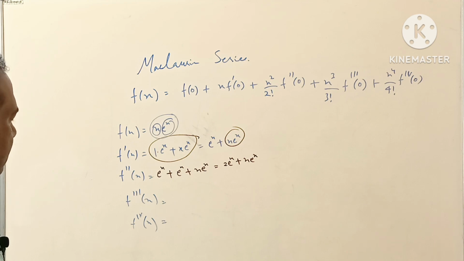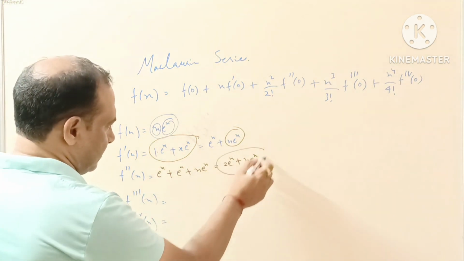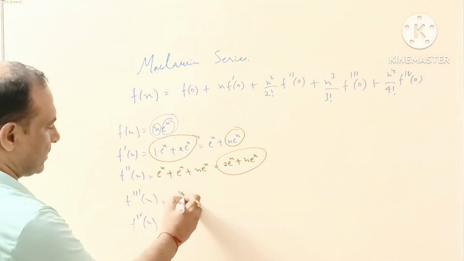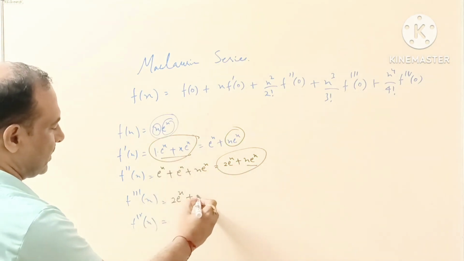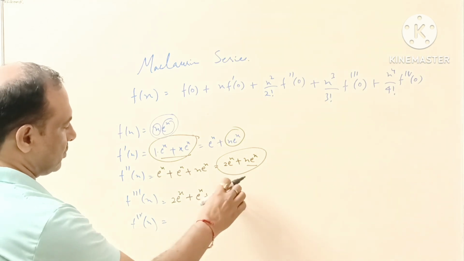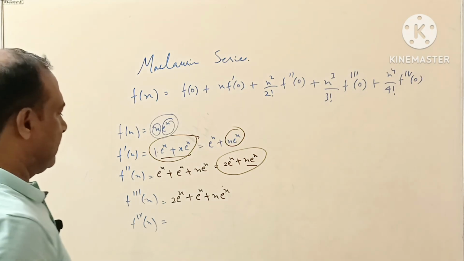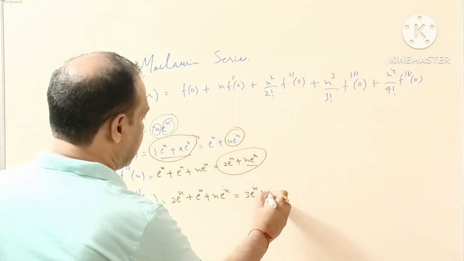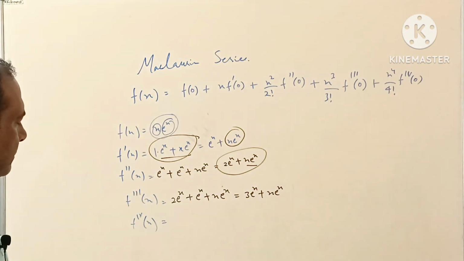Now there comes the third part. The third time I have to differentiate. Again I will have twice e^x, plus e^x plus x e^x, which gives 3 e^x plus x e^x.